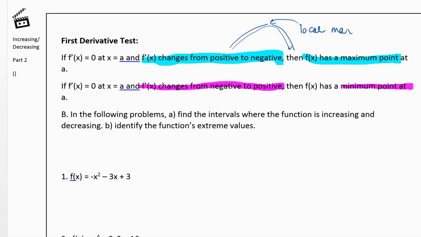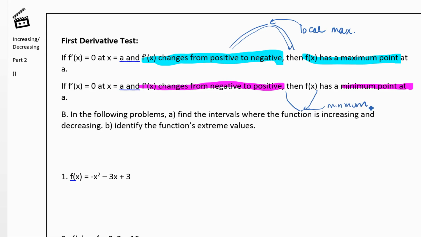That could also be a global max, depending on the situation. And the second part says if it changes from negative, so decreasing, to increasing, then we get a minimum point. So I really think it helps to think about what happened if you go from increasing to decreasing or decreasing to increasing, and which one you get.